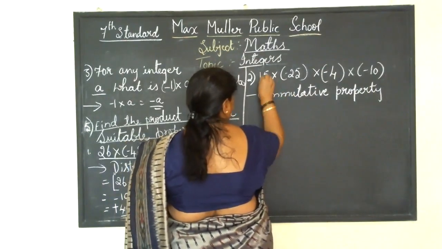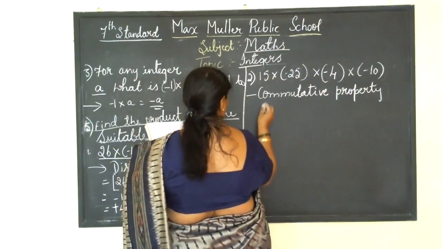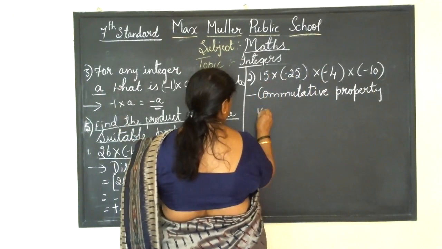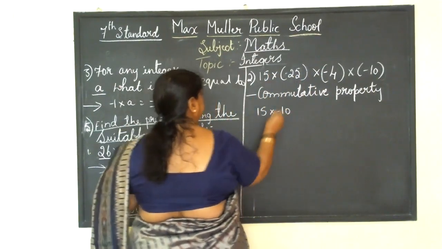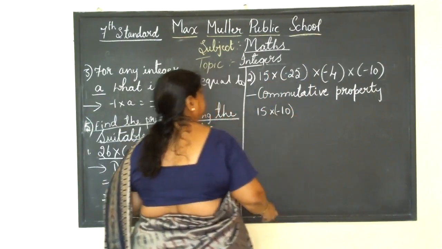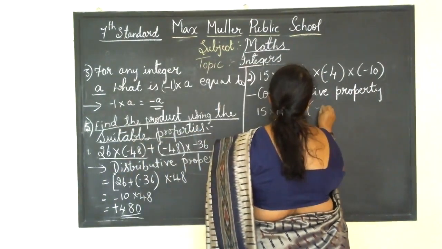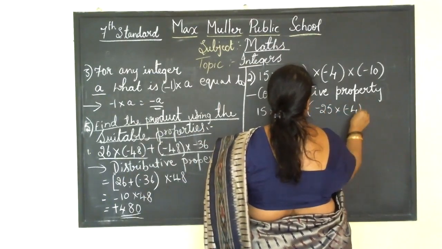I'll take 15 and minus 10. We'll take the smaller numbers, okay? 15 into minus 10 I will take, into minus 25 into minus 4.